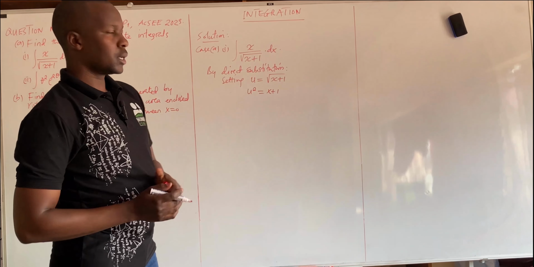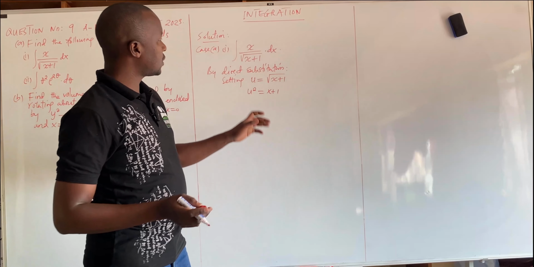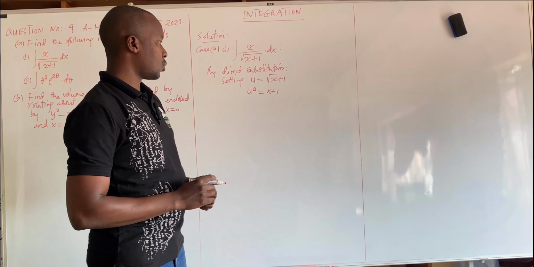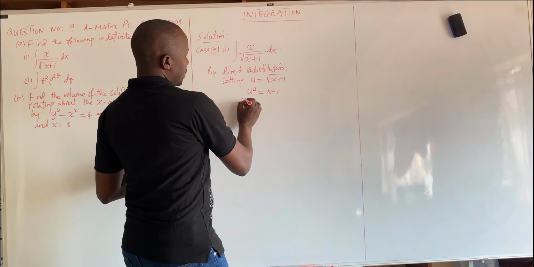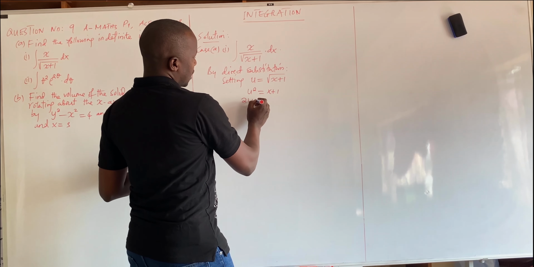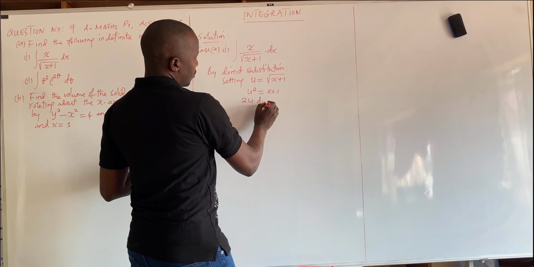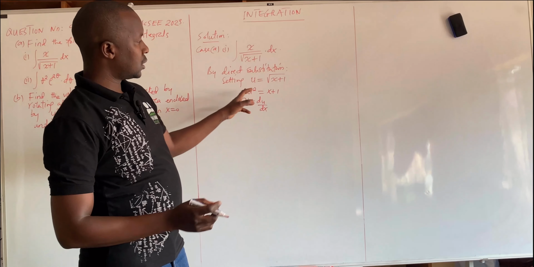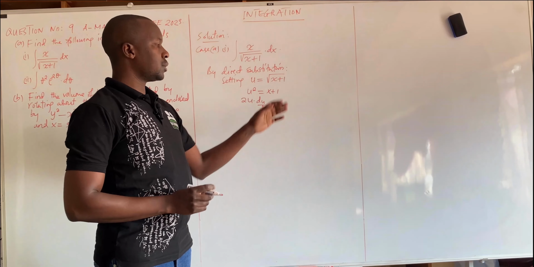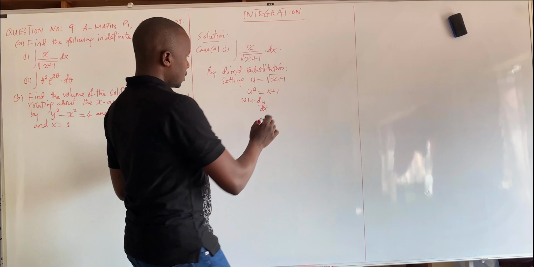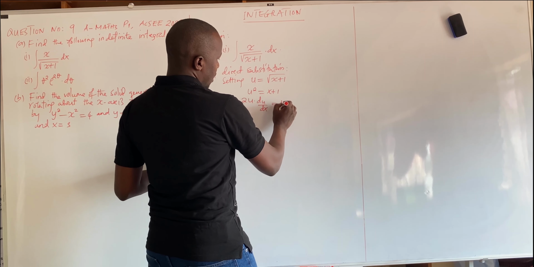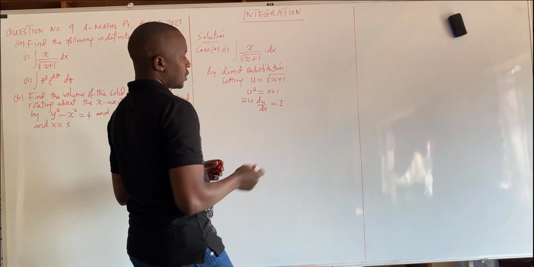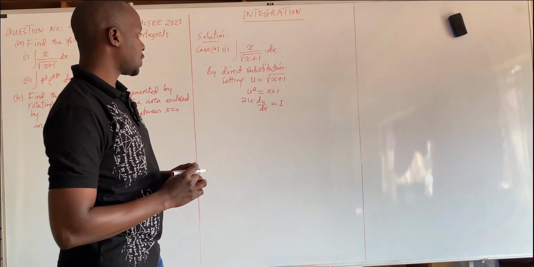Now from there we can differentiate with respect to x. So here it will be 2u du over dx equals 1, because the left side we differentiate implicitly, and on the right, x becomes 1 and the constant becomes 0 once differentiated.